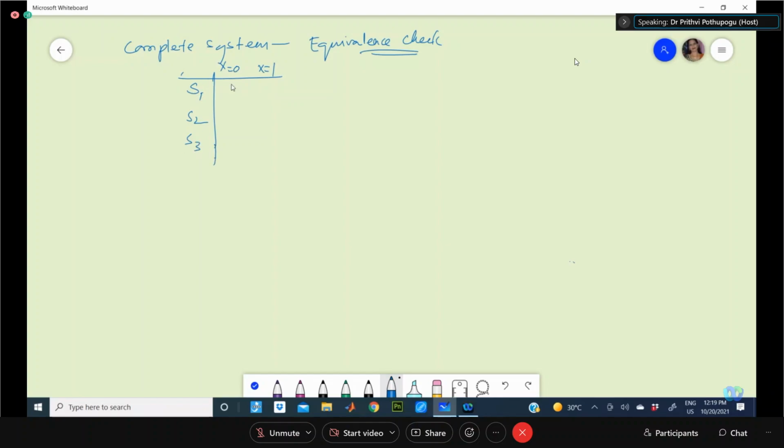If any input sequence is given in the same order for an initial state of S1 or an initial state of S2, that means when you begin from S1 or S2 or S3, any state you take, the outputs are not conflicting. Not conflicting means both should be 0 or both should be 1. One being 0 and the other being 1 is said to be conflicting.